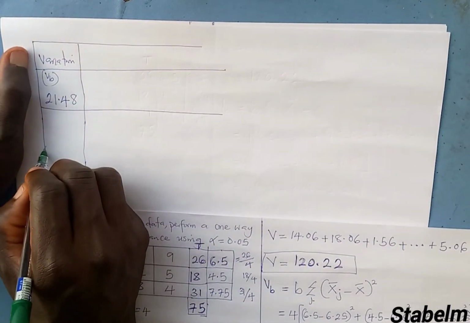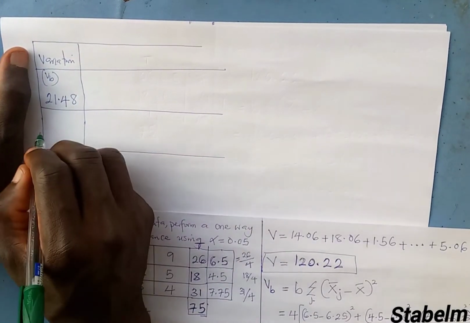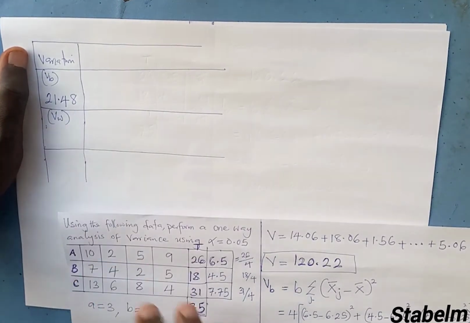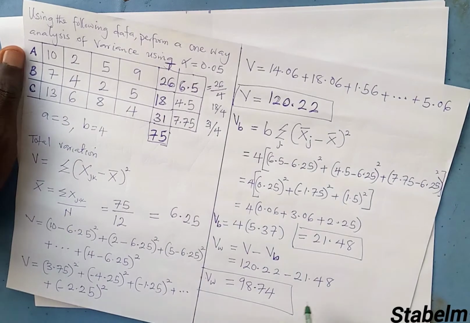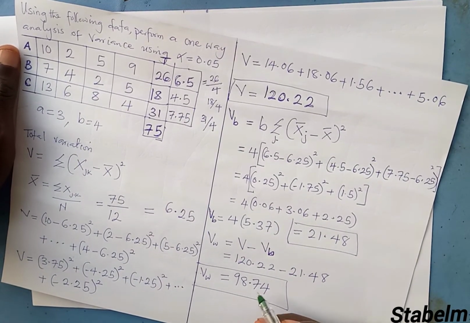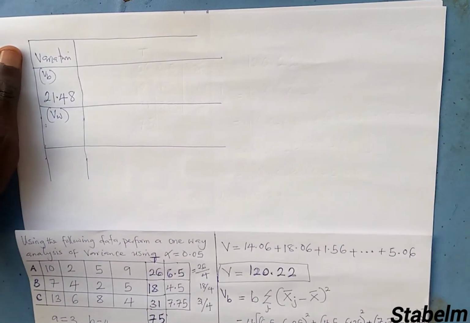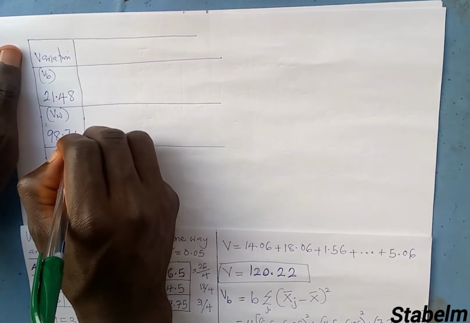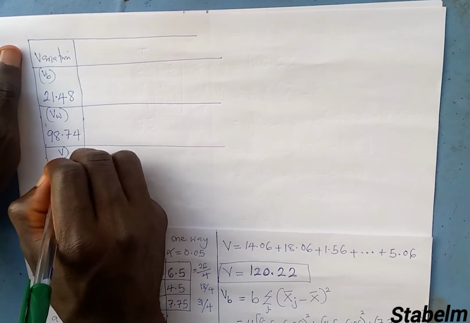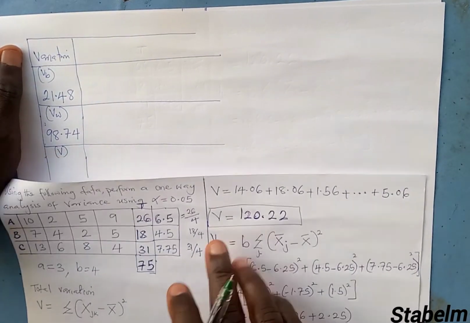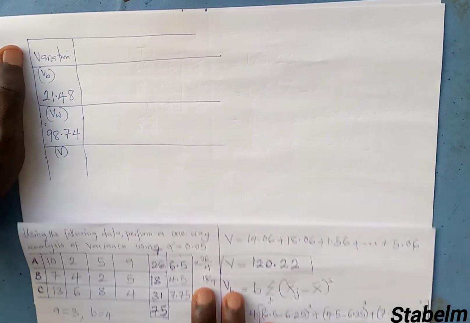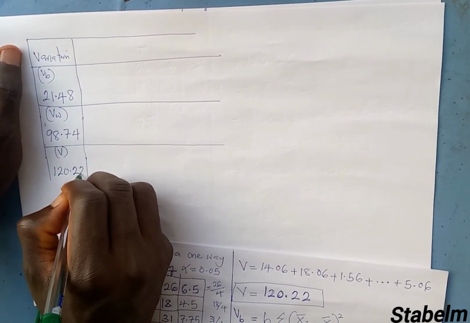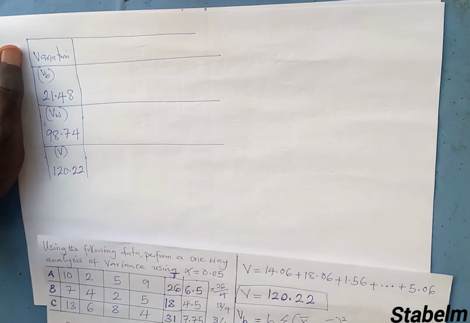The next row is variation within, and our variation within is 98.74. Finally, we have total variation, and our total variation is 120.22. So that is that.